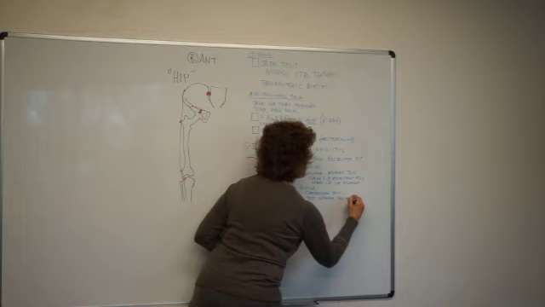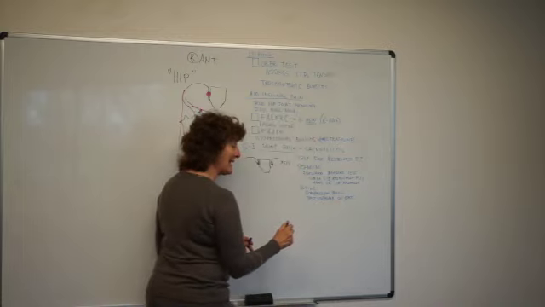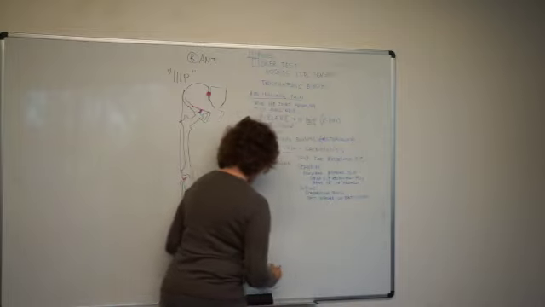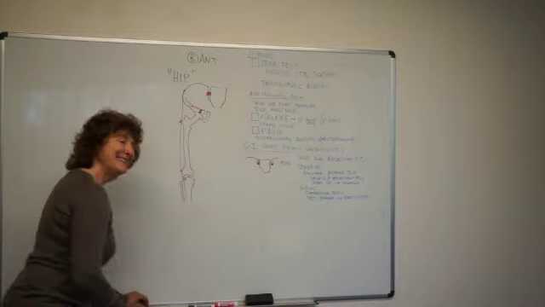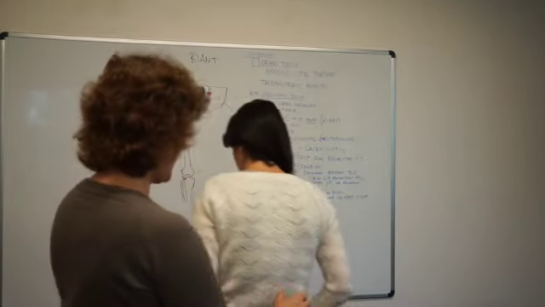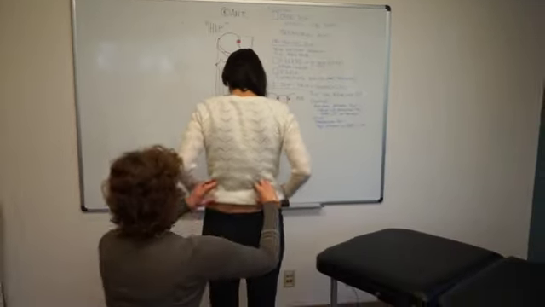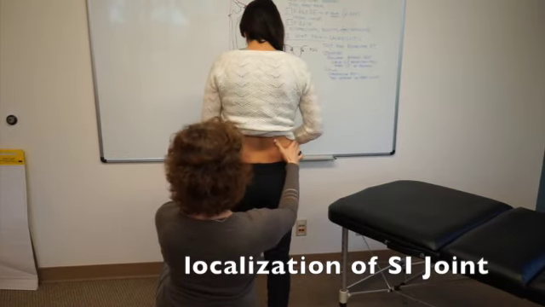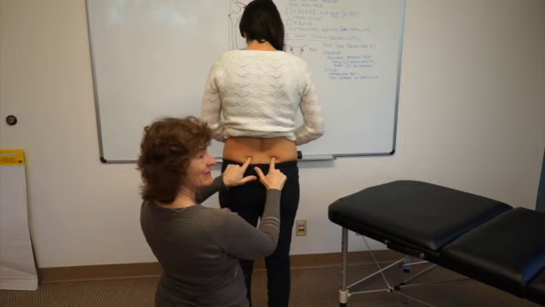Which will be a function of the mobility in the SI joint. Let's go ahead and have you stand right here. I'm just going to show localization of your sacroiliac joint. So I'm going to come to the waist, and you can see the two dimples here.